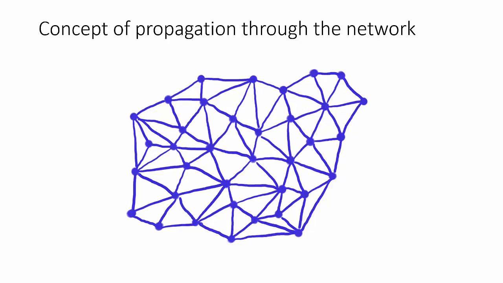Propagation through the network is sequential. A message will not reach all nodes at the same time. As an example, let us look at two messages or transactions going into the network.